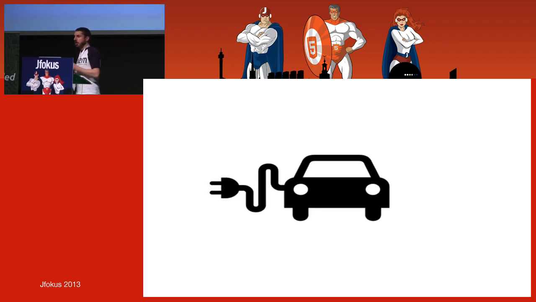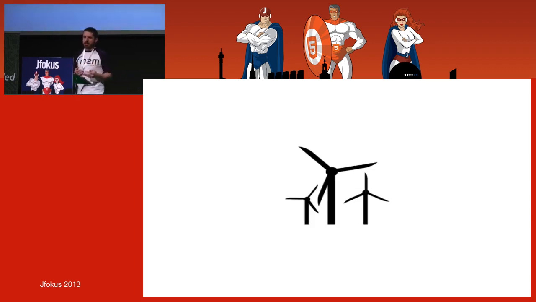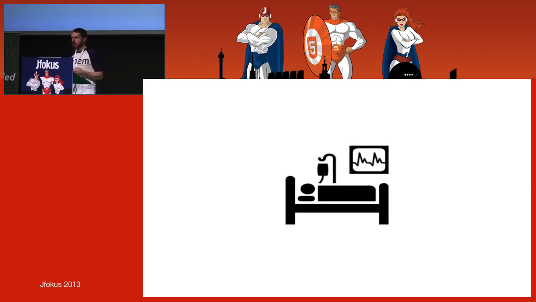You have an electric car and want to find an available power station downtown and receive an SMS when your battery is full. For example, you want to do smart grid, optimizing the distribution of electricity in a specific area. You want to take care of patients at home and have ways to monitor their vital parameters.